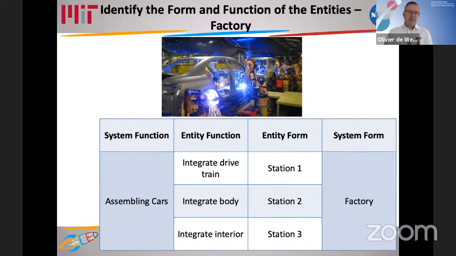If you think about an assembly line, station 1, station 2, station 3, the overall function is assembling cars, but you can now subdivide that into integrating the drivetrain, integrating the body, integrating the interior, and so forth. And to really get to the bottom of things, to entities that cannot usefully be decomposed further, we often need 3 or 4 levels of decomposition, as you'll see.